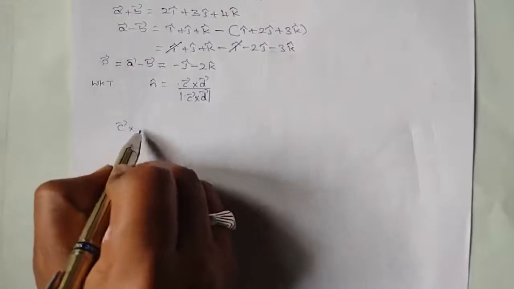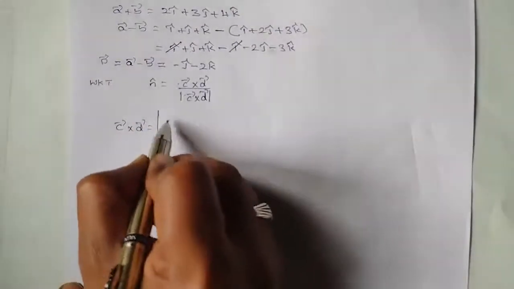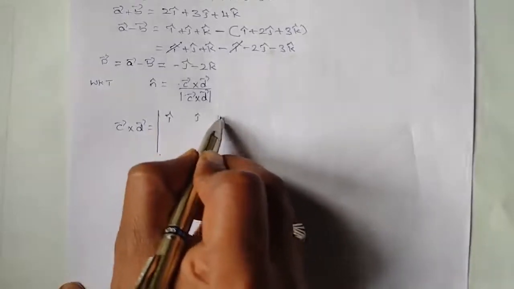c vector cross d vector is equal to the determinant of i, j, k.